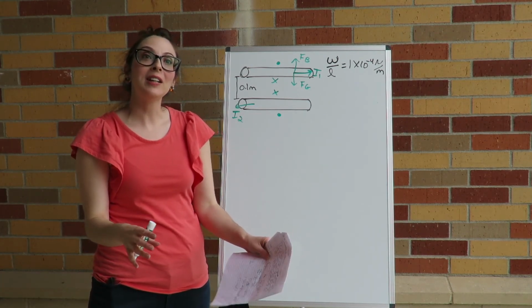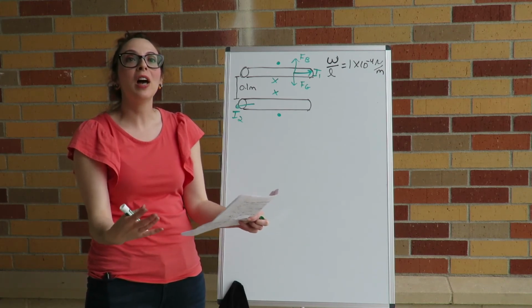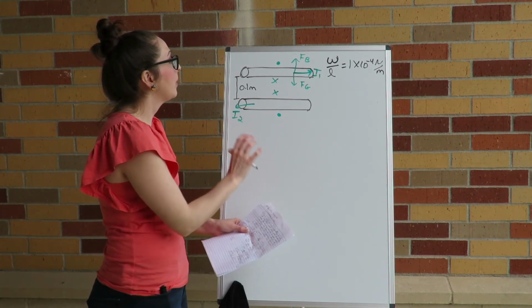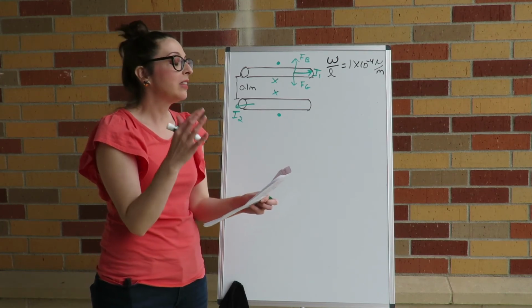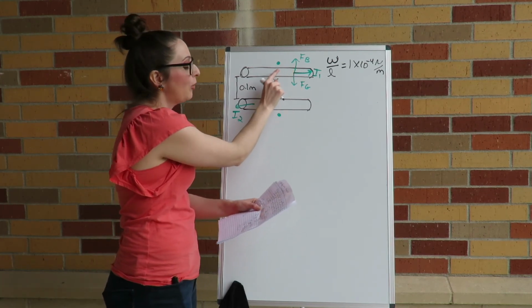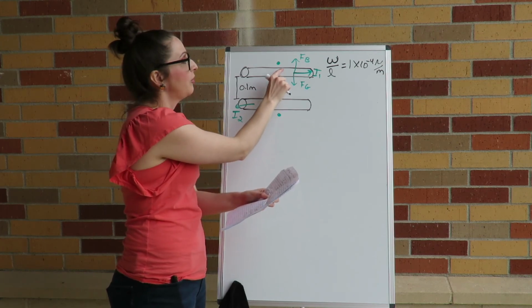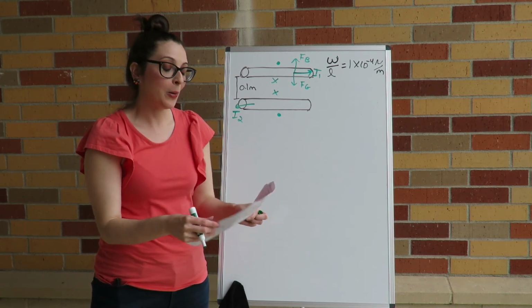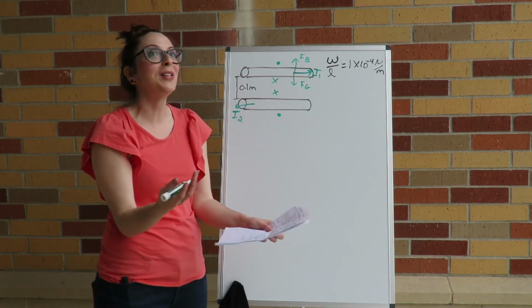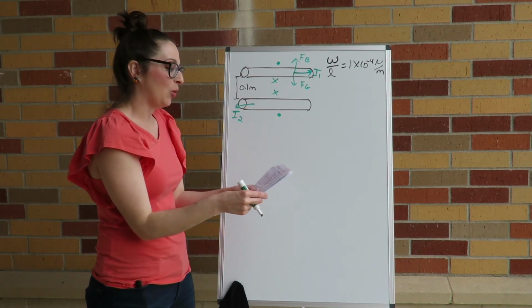But it's not magic. We just happen to find just the right orientation, just the right quantities, such that the sum of the magnetic force and the gravitational force acting on this top wire is equal to 0. So our top wire is levitating above our bottom wire here.